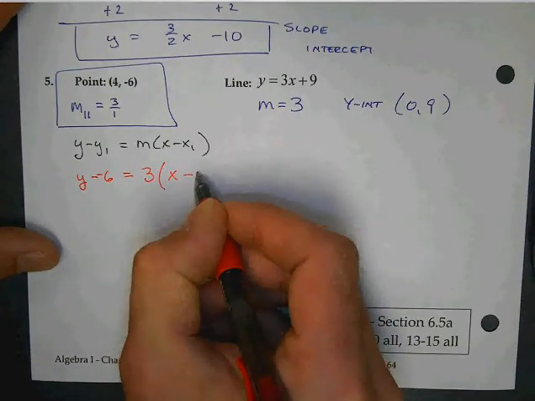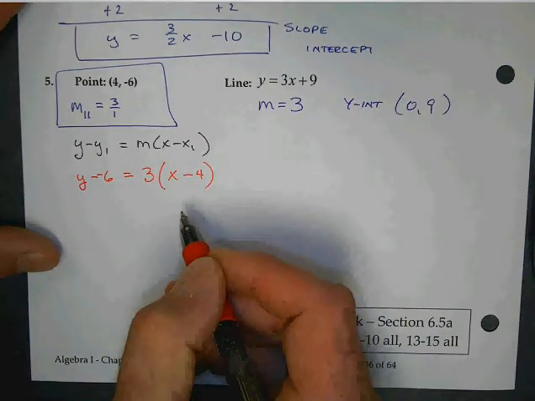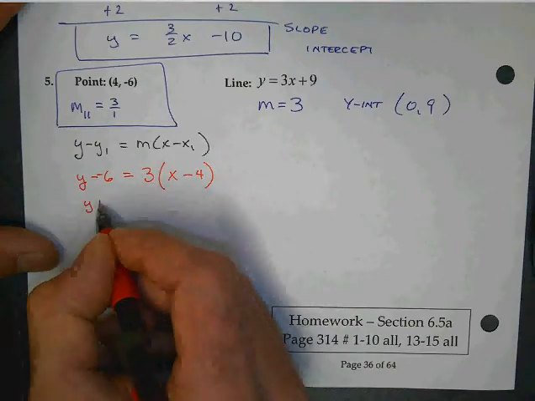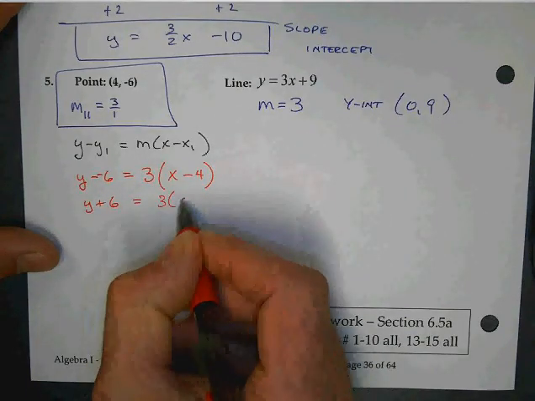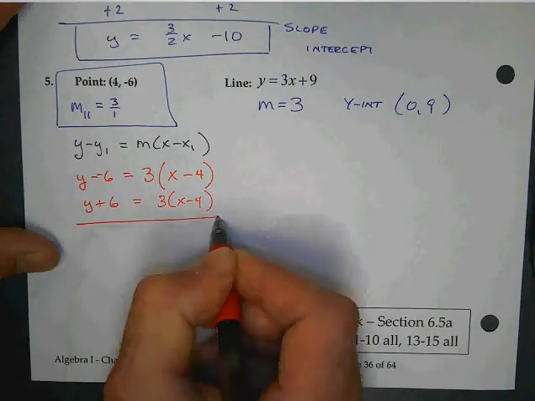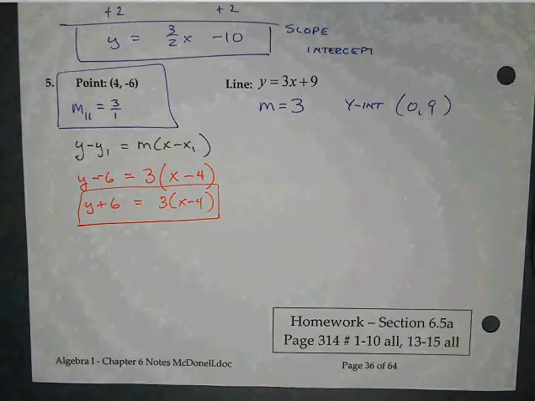Good. Probably I'm going to change that to a plus, right? Okay. Is that the easiest form of all? Point slope? All right, so on the first one we changed it into slope intercept.